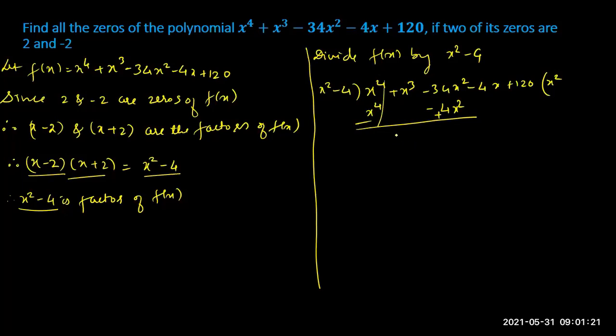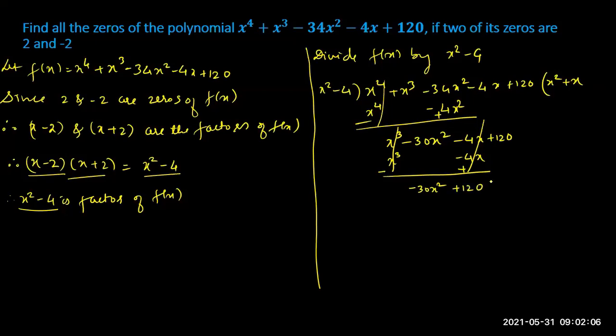So this is x cube minus 34 plus 4, that is minus 30x square, minus 4x plus 120. Now this is x cube and here x square, so we require plus x. Then we get x cube and x into minus 4, that is minus 4x. Minus and plus cancel, so it is minus 30x square plus 120.